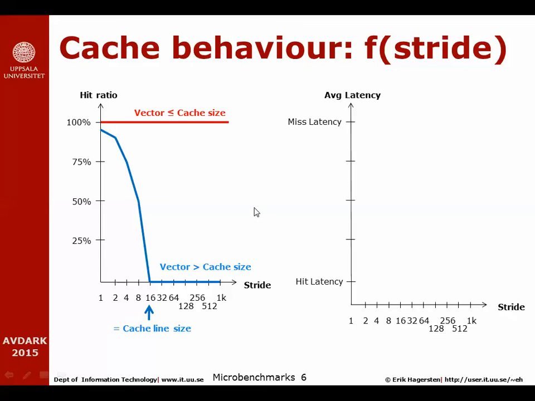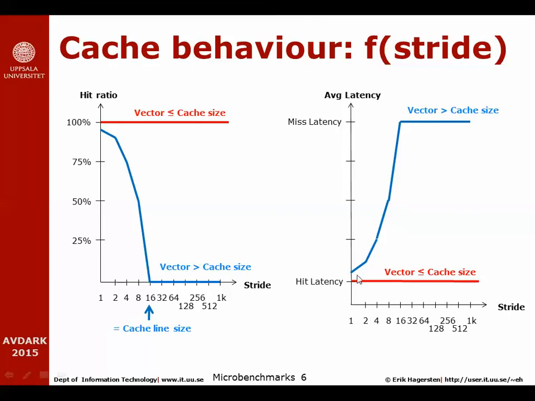Now, instead of looking at hit ratio, we can look at the average latency to data, where for the cache we're studying, we have a certain miss latency and a certain hit latency. If the vector is smaller than the cache size, we will always see a latency equal to the hit latency, regardless of the stride.